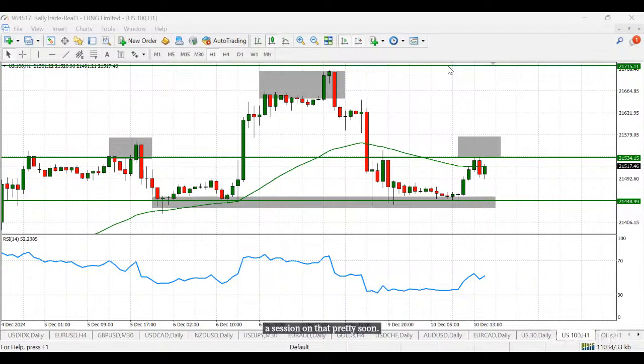I want to get to the last one before we call it a day. If we can suggest that last one, for me, I'm thinking we'll look at DAX, DE40.